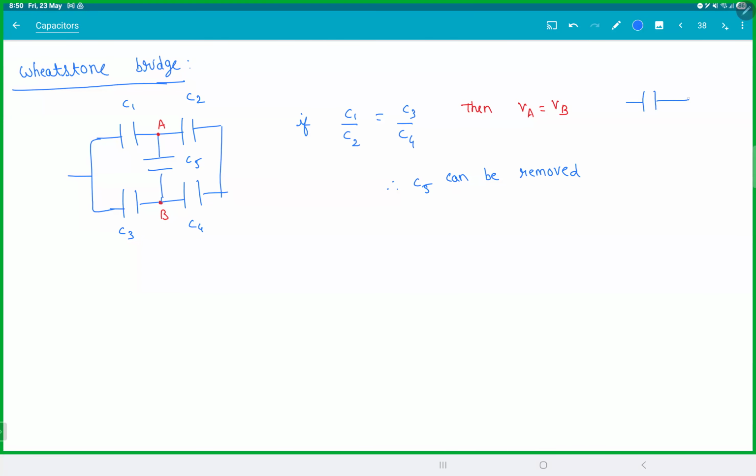You can actually extend this. We have something called an extended Wheatstone bridge.